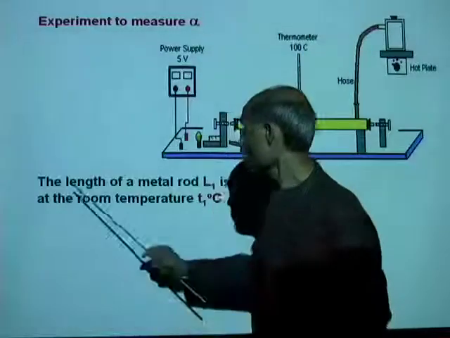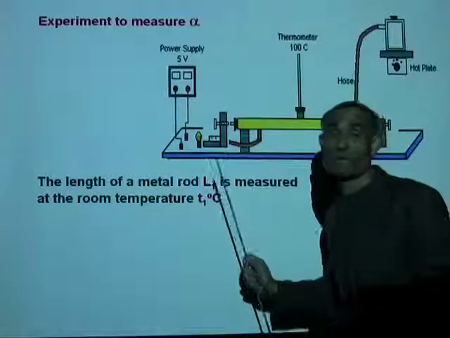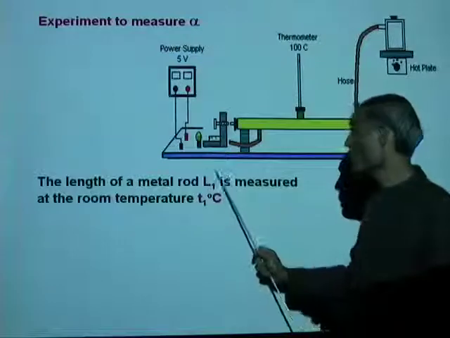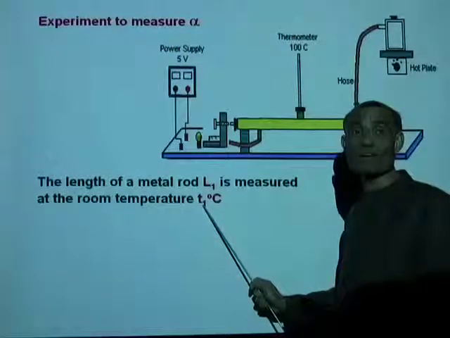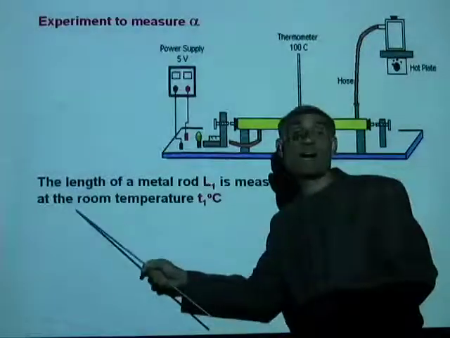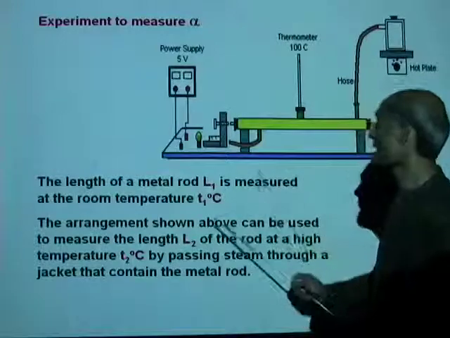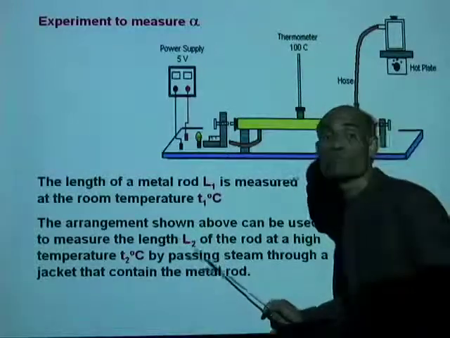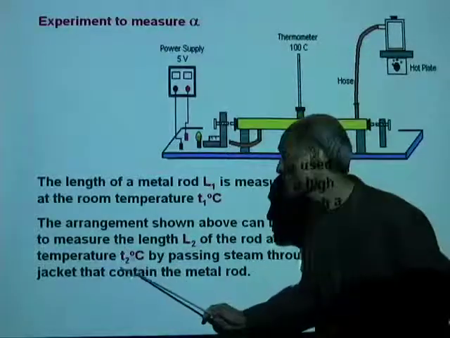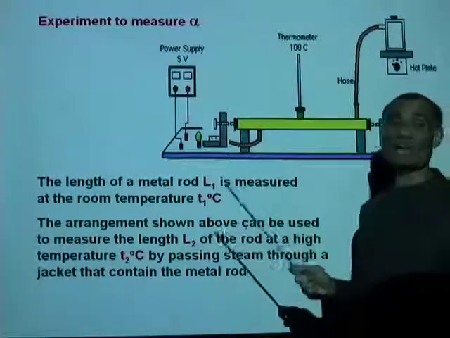Okay, so the length of the metal rod, as I had told you, in place of L0, I'm going to use L1. The original length at T1 degrees Celsius is L1, and that is measured at room temperature. And the arrangement shown here, we will use that to measure the length L2 at a temperature T2 after passing steam through the jacket.